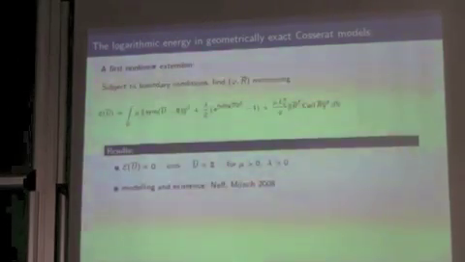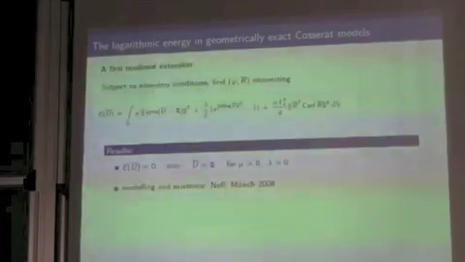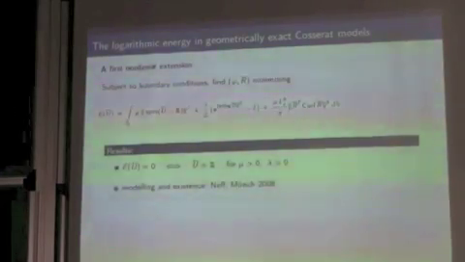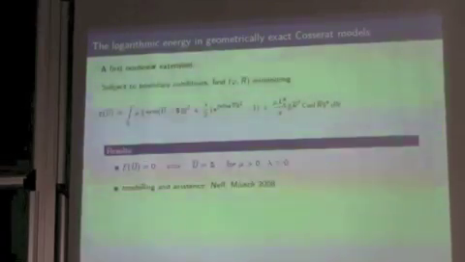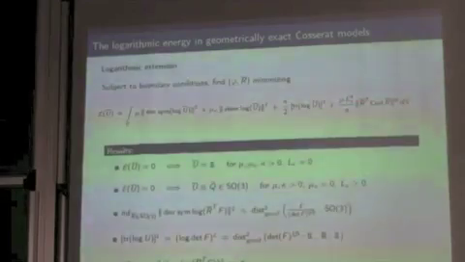You write that down, and you don't need the skew-symmetric part to have that property. I find that interesting. We have modeling and existence for this first nonlinear, materially nonlinear version long ago.